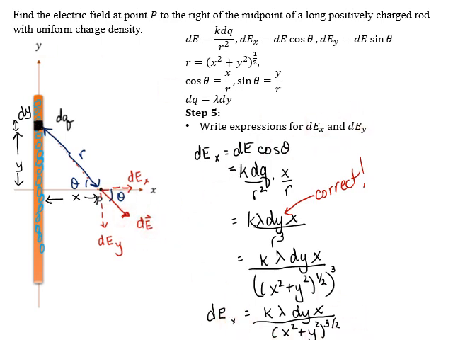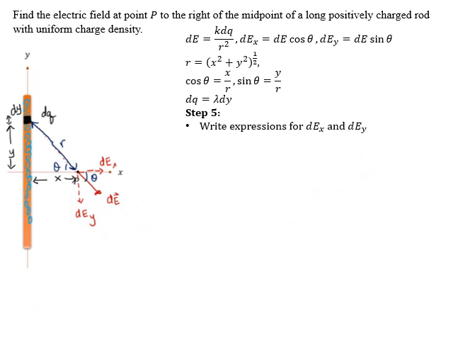Next we'll do dEy. Let's write the y component of our element of electric field next. So this is our y component. dEy is equal to dE times sine theta. dE is k times dq over r squared. Sine theta is y over r.